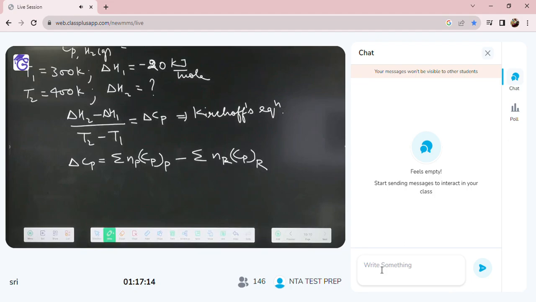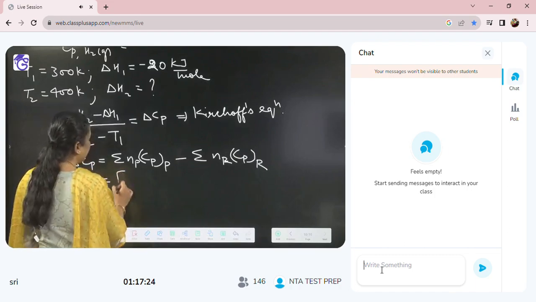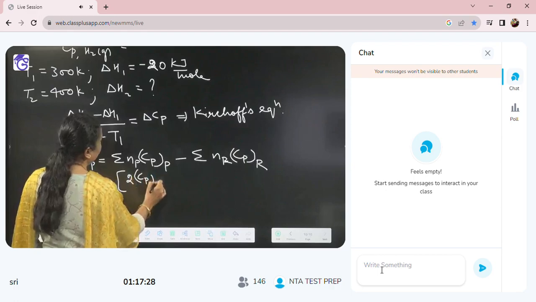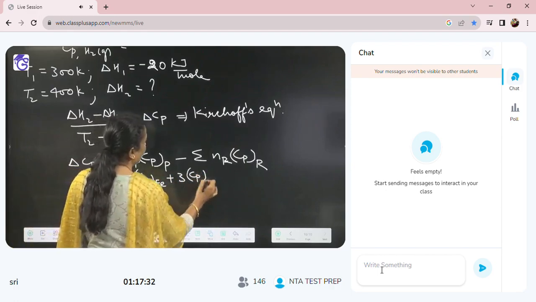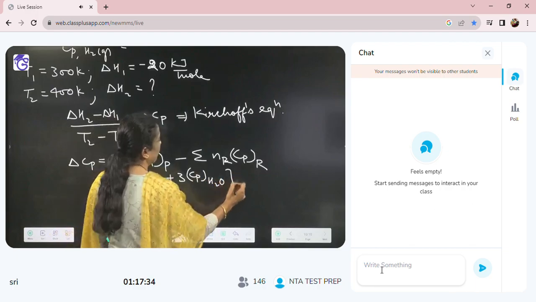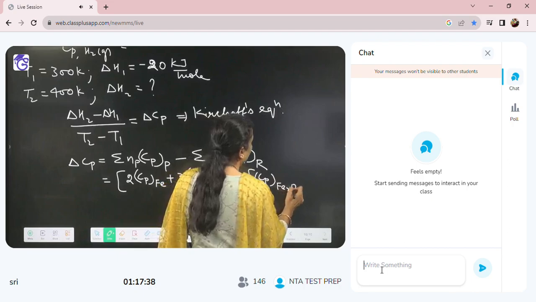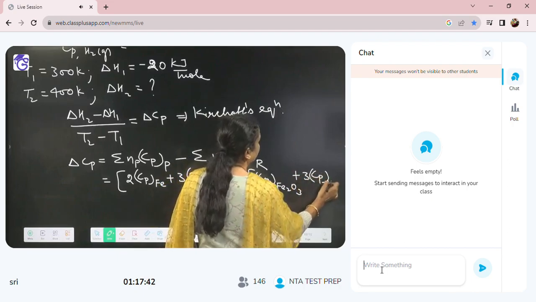No, Pawan, check your answer, beta. See, the thing is, you have here 2 into Cp of Fe plus 3 into Cp of H2O minus Cp of Fe2O3 plus 3 into Cp of H2.